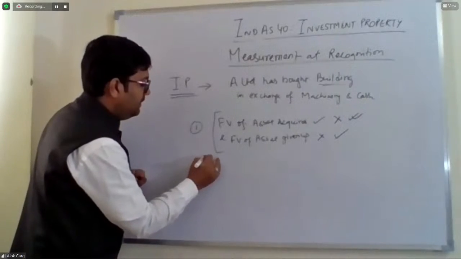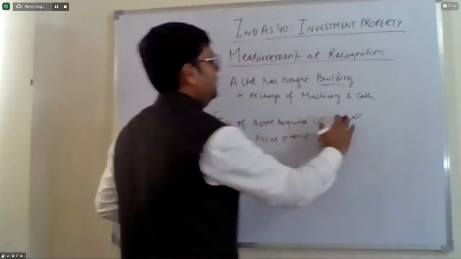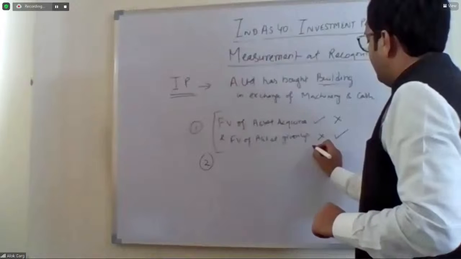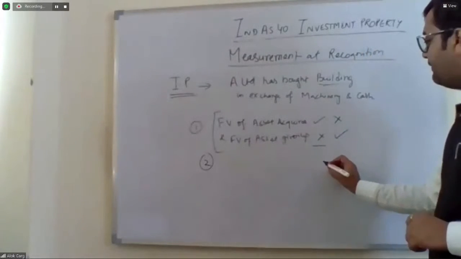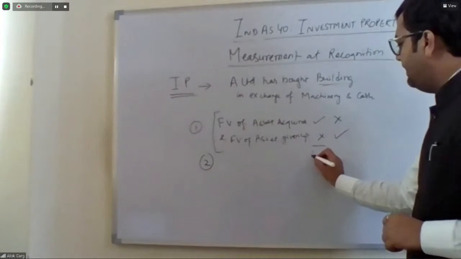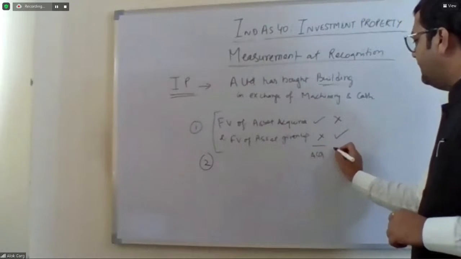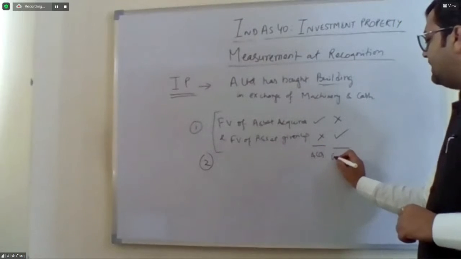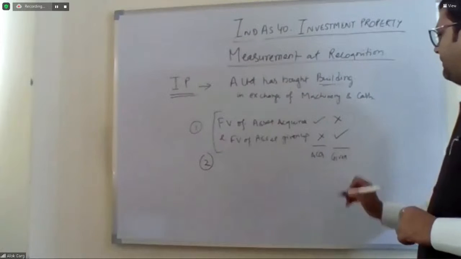So in the first example, it will be as per the fair value of the asset acquired. In this example, this transaction will be recorded at the fair value of the asset given up.